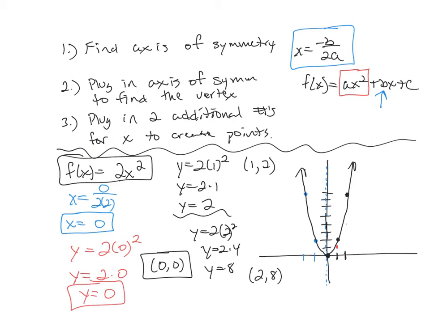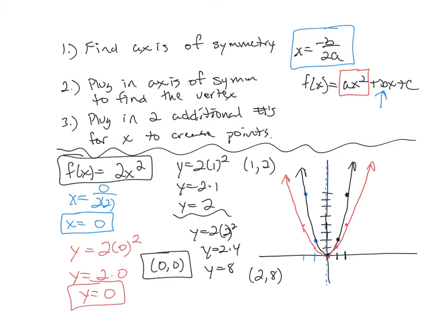Over 2 up 4, I get a point here. And then I can flip them over. If you notice, that parent graph is a little bit wider than when I put a 2.